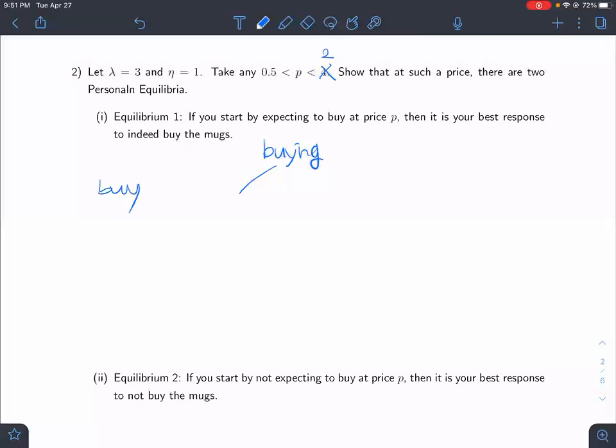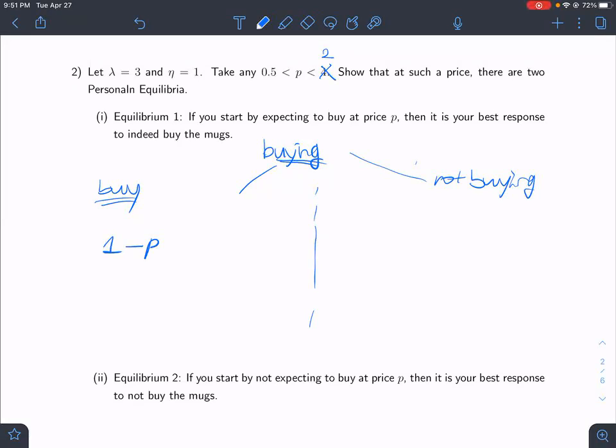We have to consider buying, not buying. If you buy the mug on the reference point of buying, then you just need to think about the consumption utility. And then if you buy the mug, then you sacrifice P dollars, and then you get one mug.